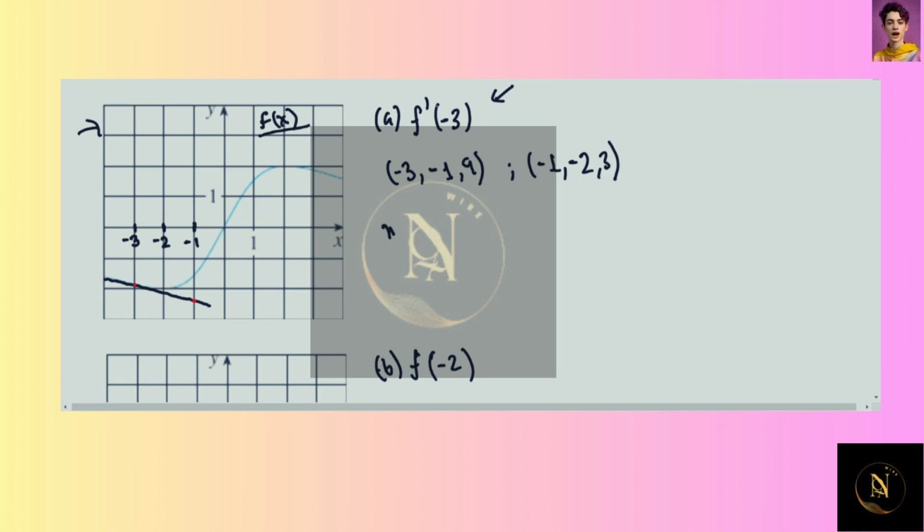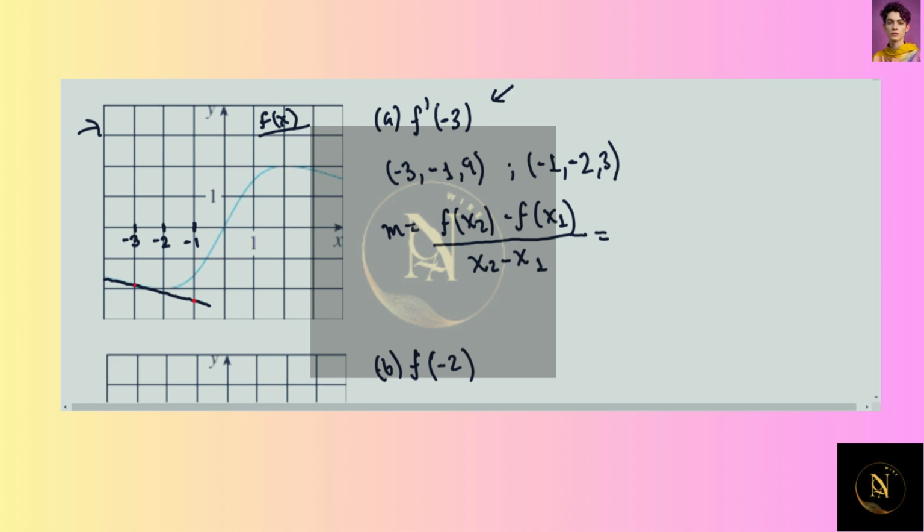The slope is equal to the final point, which we're going to call f of s2, minus f of s1, over s2 minus s1.